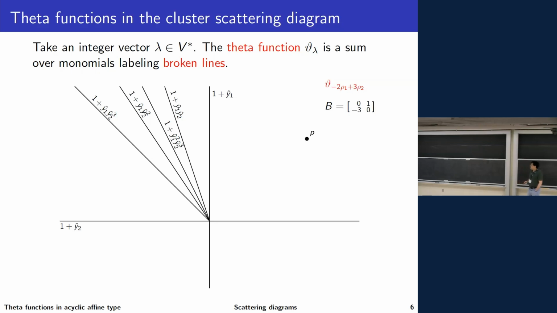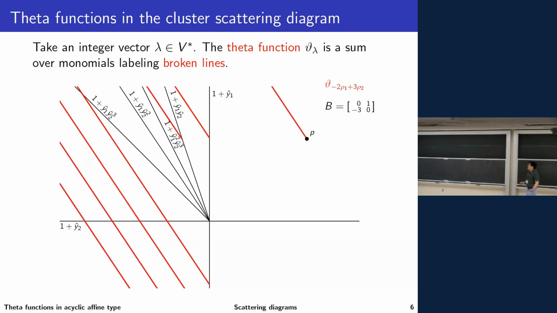I need to choose some point in the interior of the positive quadrant, in general the positive orthant in higher dimensions. It doesn't matter which. And I'm going to take a bunch of lines coming in from that direction. They're coming out from infinity, but they're coming from that direction. These are broken lines, in other words, they bend. They're allowed to bend on walls or not, according to some elementary rule.